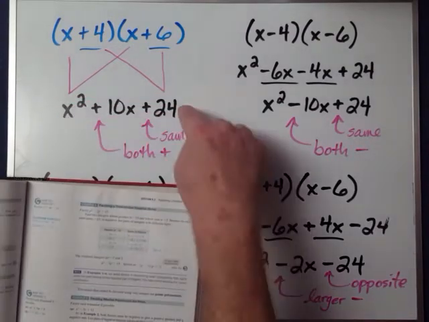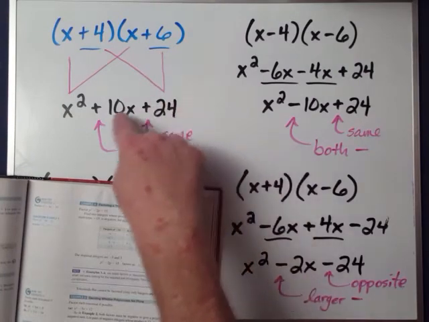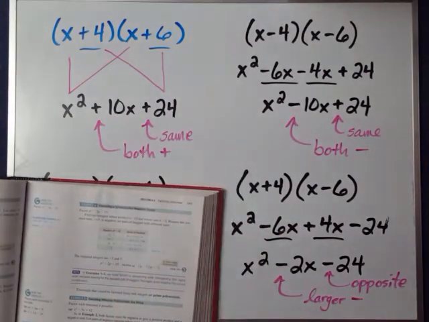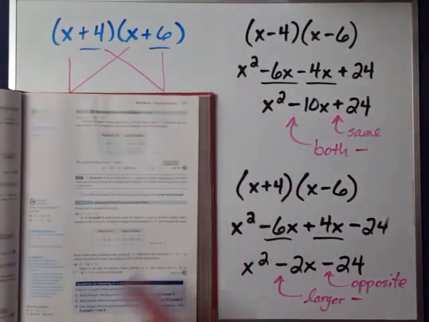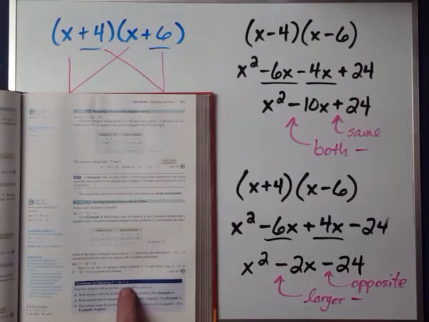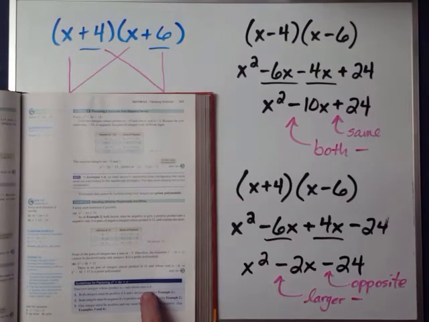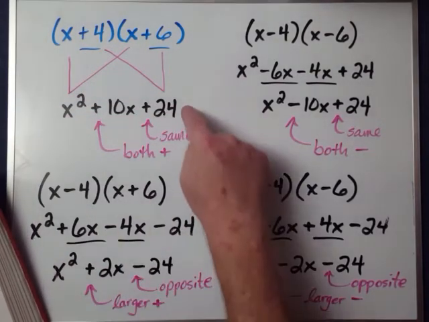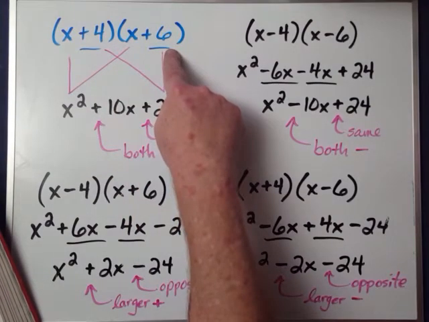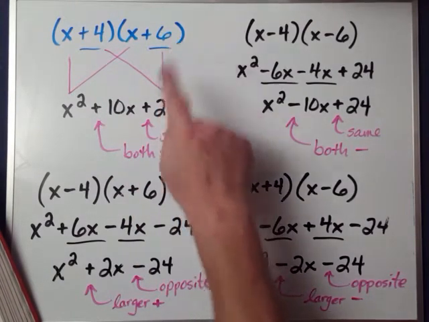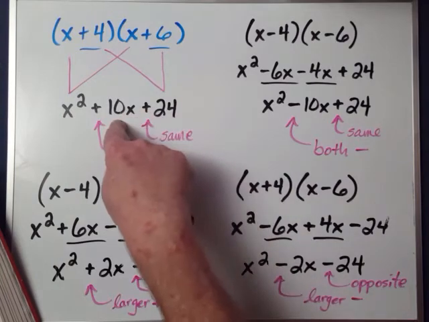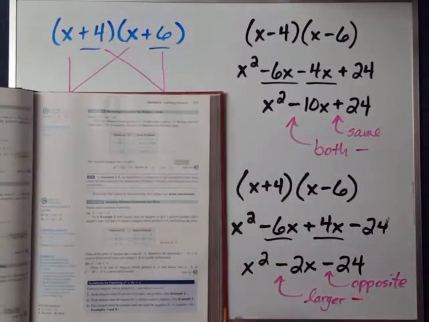Okay, so the c is like my 24 and her b is like my 10 here on the board. She says if we're factoring x squared plus bx plus c, then we're looking for two integers whose product is c and whose sum is b. All right, that's what we said. 4 and 6 are the two numbers I'm trying to find if I'm factoring. They have a product of 24 and a sum of 10. So far, so good.